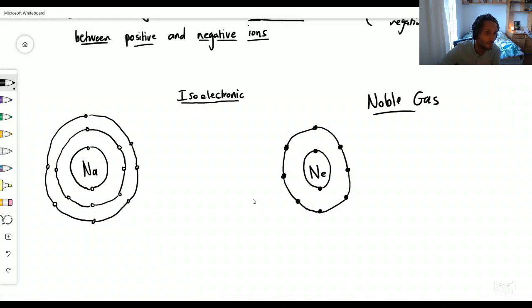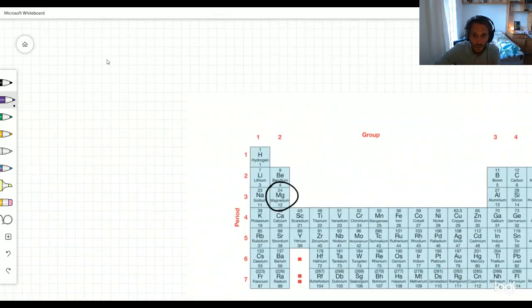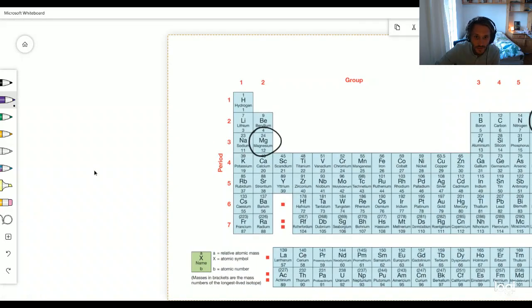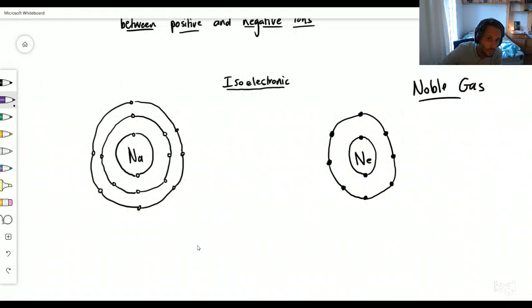Sodium, on the other hand, we know has 11 electrons. Let's just double check. Always good to double check. Sodium's chilling here, and it's got 11 electrons: 1, 2, 3, 4, 5, 6, 7, 8, 9, 10, 11.